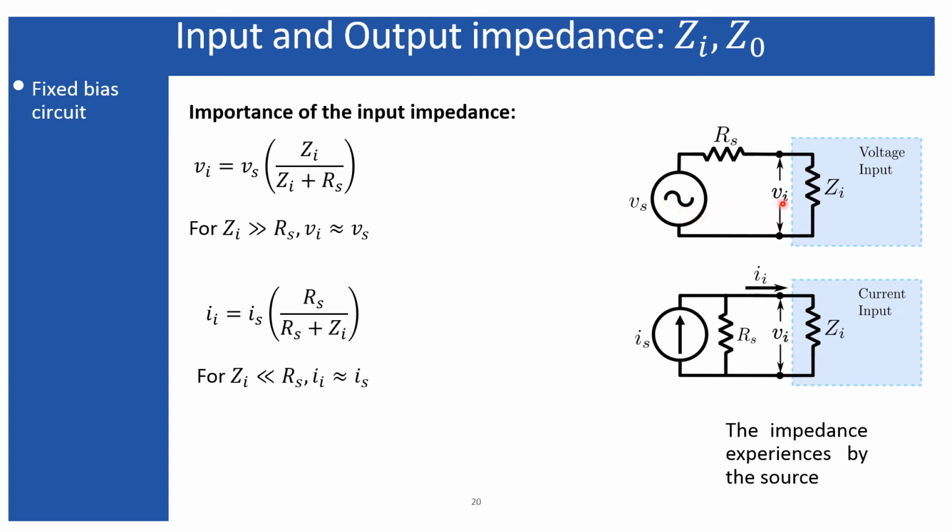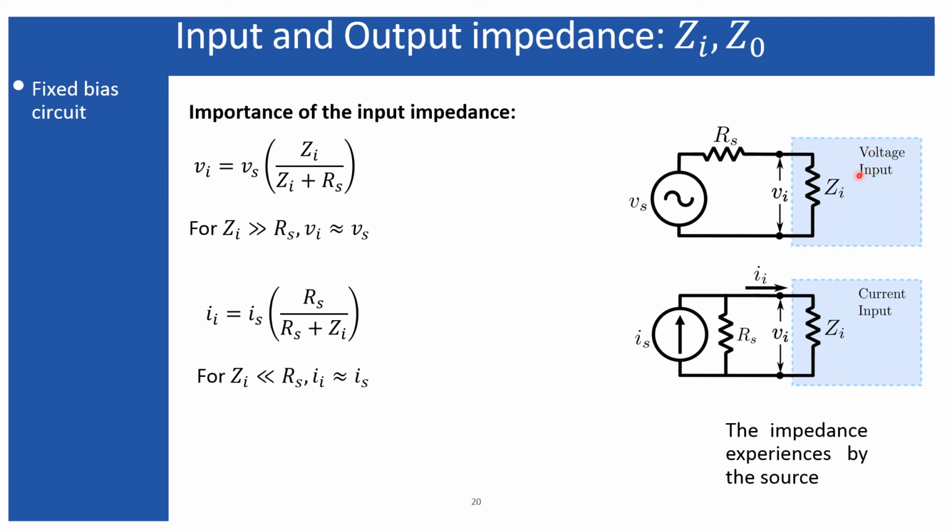Don't be confused with this Vi with that Vi I have used as the input voltage source in my last slide. Here the input voltage source I have just replaced from Vi to Vs, whereas this Vi is the voltage which is appearing across the input impedance of the device, and that device is represented by this shaded region.